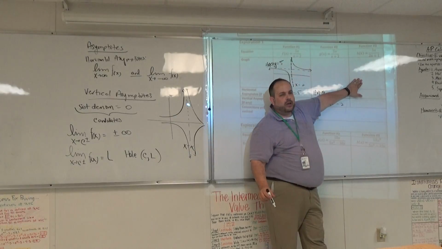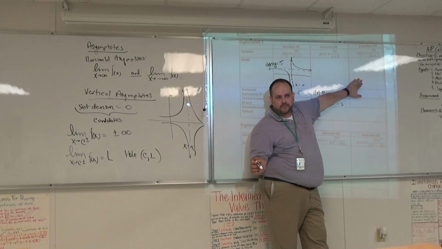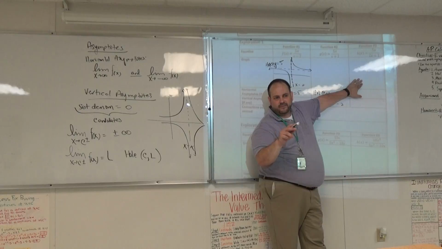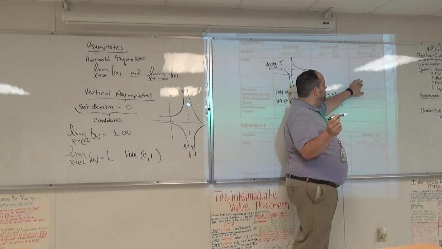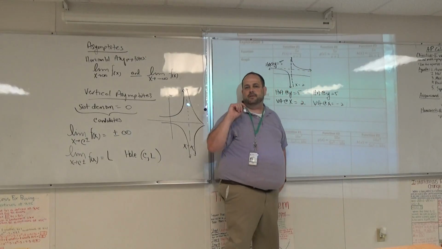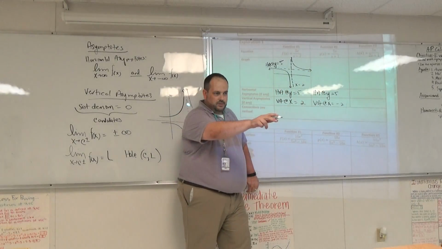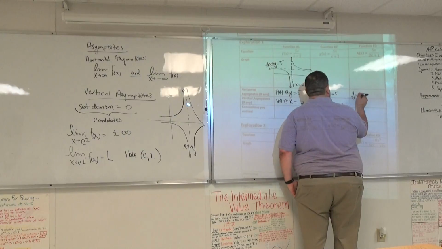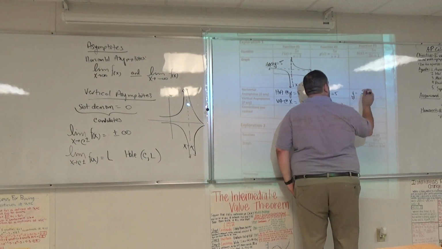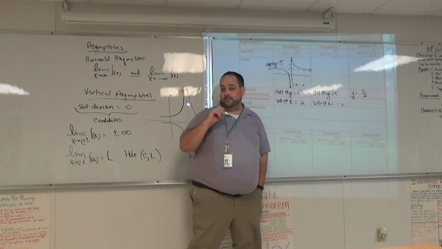How about function number 3, horizontal asymptote, where is it? What'd you say? y equals 5? No, not y equals 5. y equals 2.5. Or maybe 5/2.